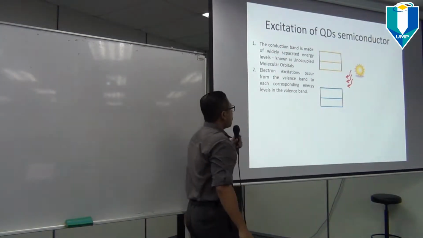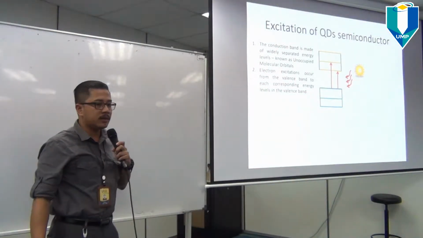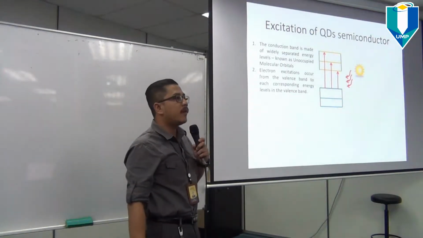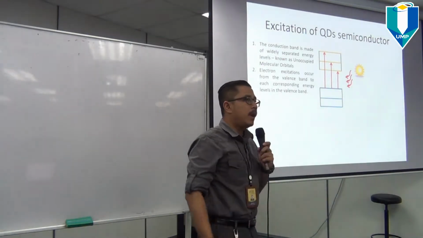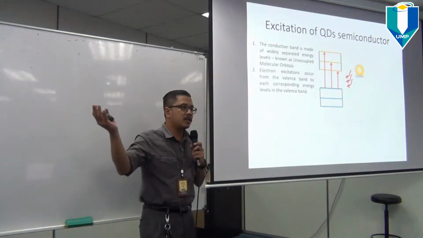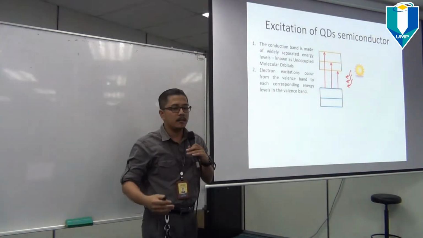Right. So excitation happened. First excitation, second excitation, third excitation. A very limited number of excitations could happen in quantum dot semiconductor, unlike the bulk semiconductor. The bulk semiconductor could have unlimited excitations because we have so many energy levels separated closely to each other.